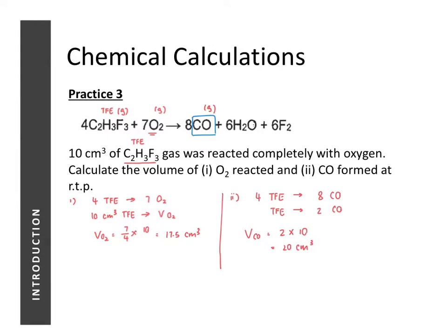Alright, so once again, if in a chemical calculation question, whatever that's given and whatever that you want to find are both gases, then we can use Avogadro's relation, where molar ratio is equal to volume ratio. Even more so if the whole reaction involves gases.